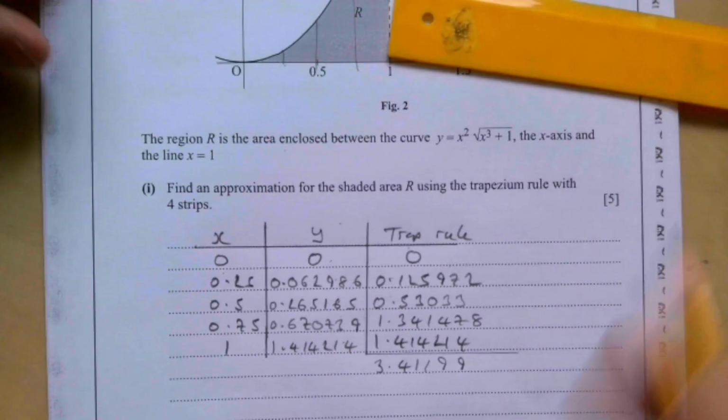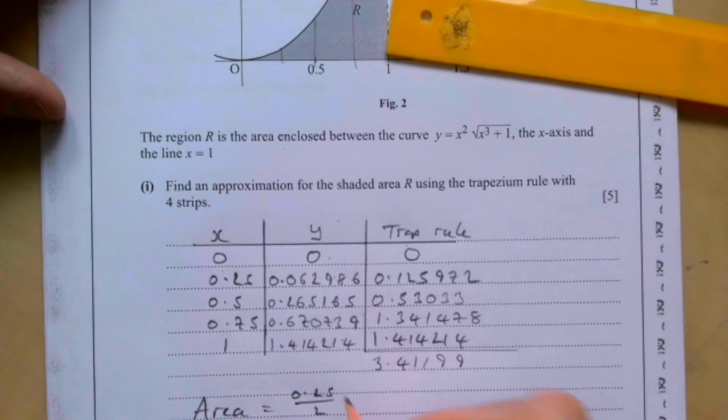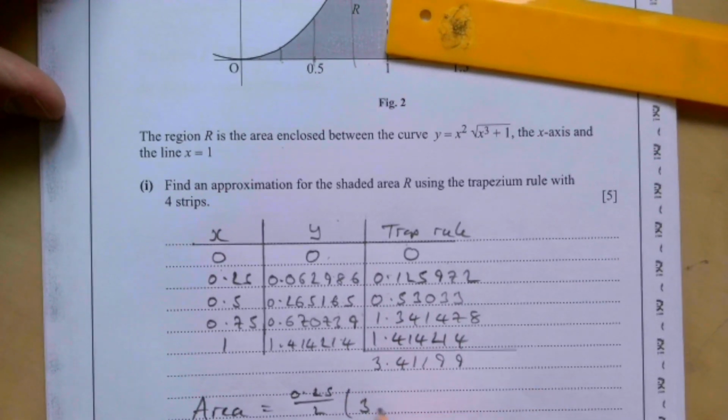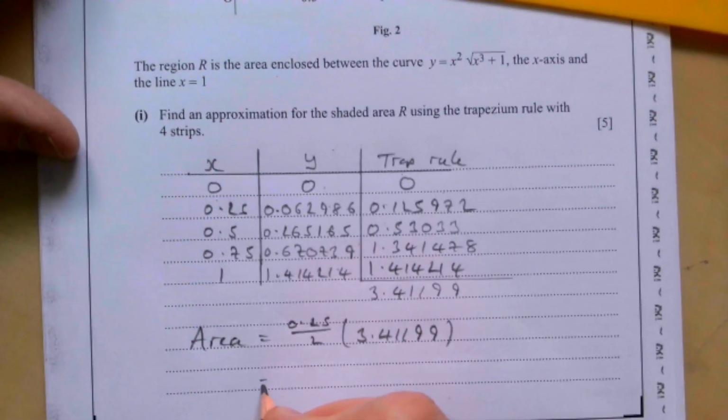So therefore my area of R is going to be 0.25 over 2, hopefully we're happy enough, and 0.25 as a gap, all times 3.4119, and if I stick that in the calculator, I get 0.426 square units.